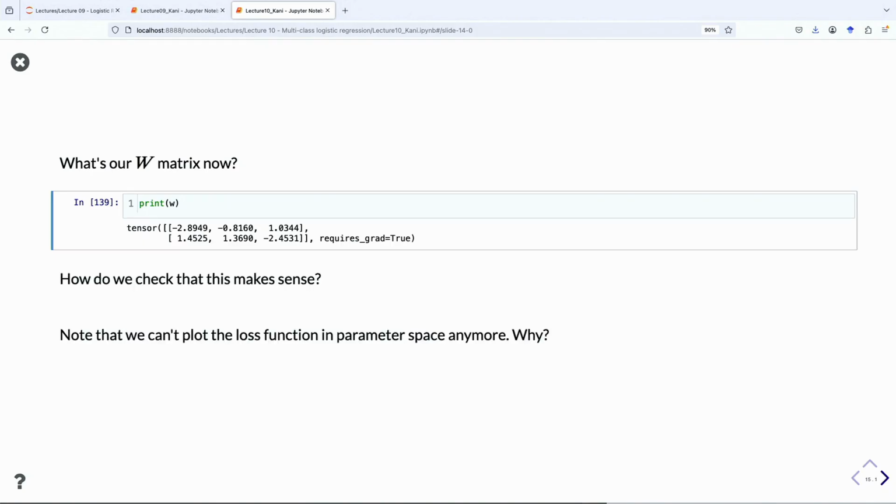Well, we can't plot this in parameter space anymore because there are six parameters, and graphs are 2D. If it was 2 parameters, it would be much easier, and we did plenty of 2-parameter plotting. Plotting 6 parameters is going to be a really weird 3D model. So it's hard to do that.